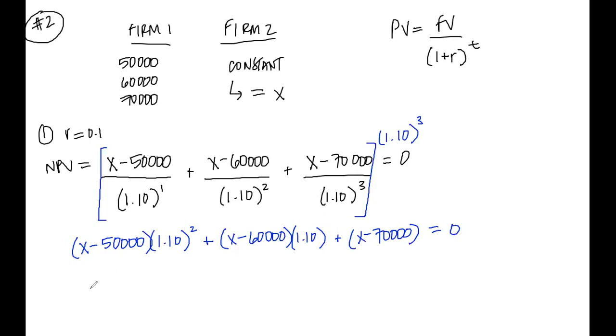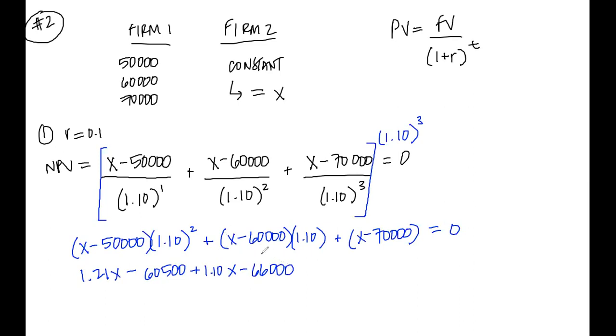So then multiplying all of this out, we have the 1.01 squared becomes 1.0201, and then I distribute that to each term it's being multiplied by. So this becomes 1.0201x minus 51,005 plus 1.01x minus 60,600.